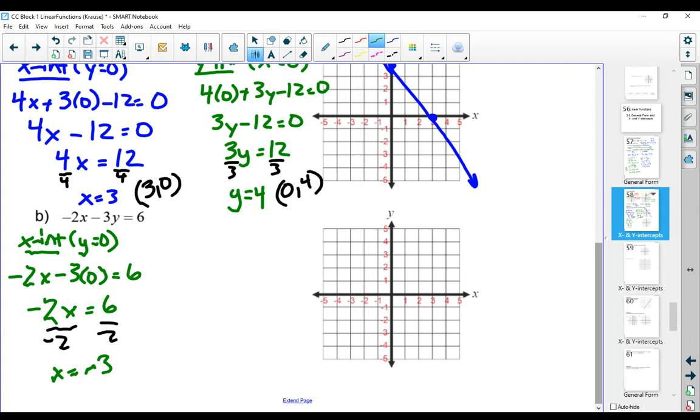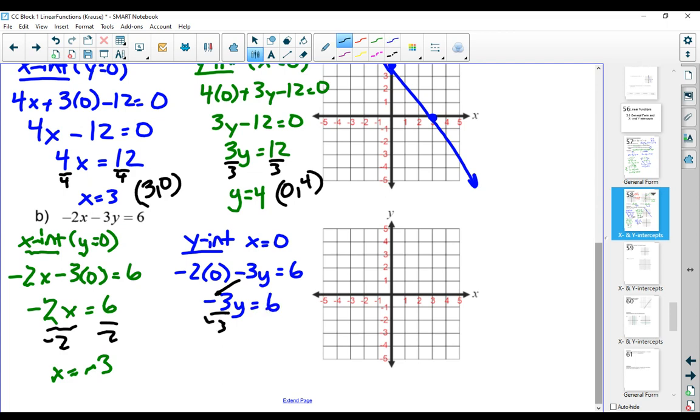And for the y-intercept, we're going to let x equal 0 and solve for y. So negative 2 times 0 minus 3 times y equals 6. Negative 3y, don't forget that negative. Okay, that's an important sign. Negative 3y equals 6. Divide both sides by negative 3, and y equals negative 2.